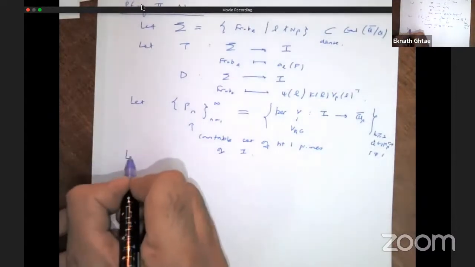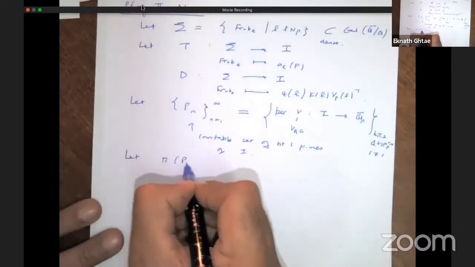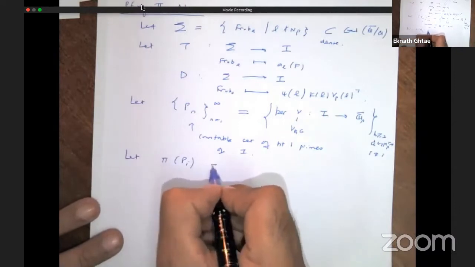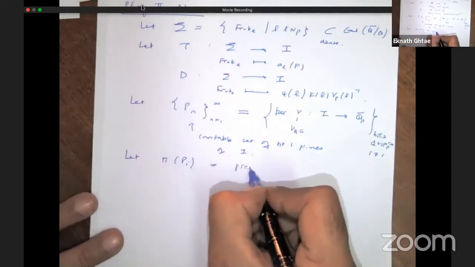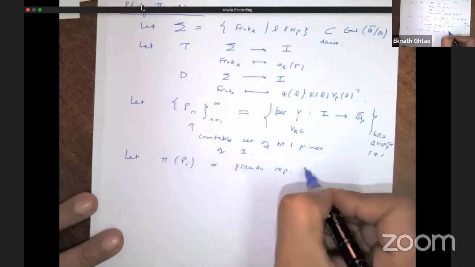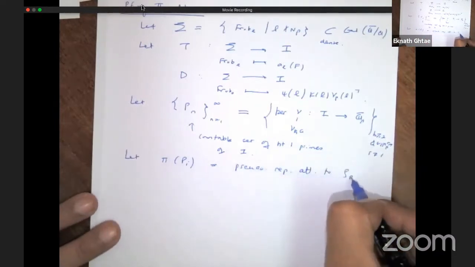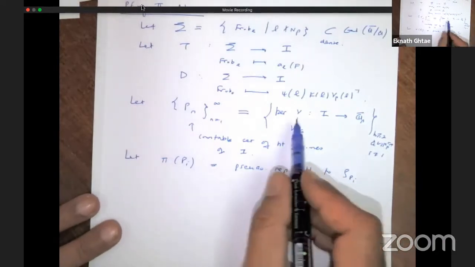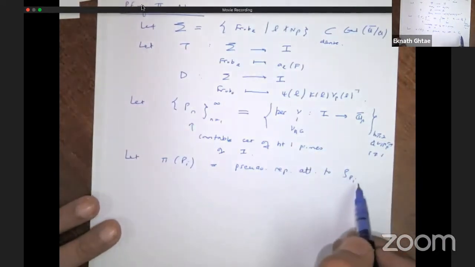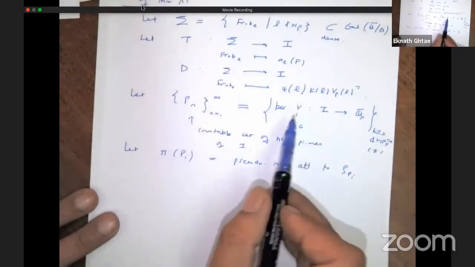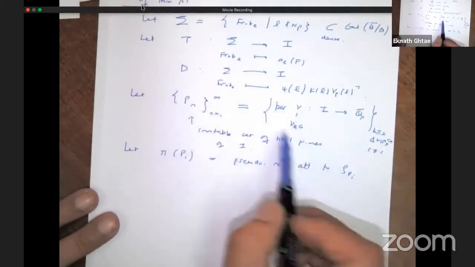Okay, and then let us write pi of P_i for the pseudo representation attached to rho_{P_i}. Do you know what I'm talking about here? Each of the height 1 primes is really a specialization map.